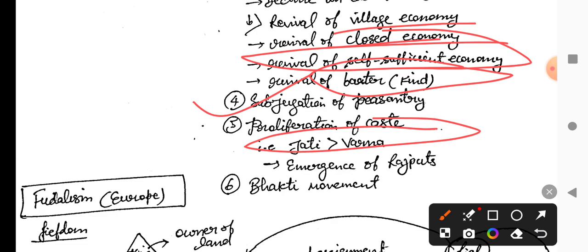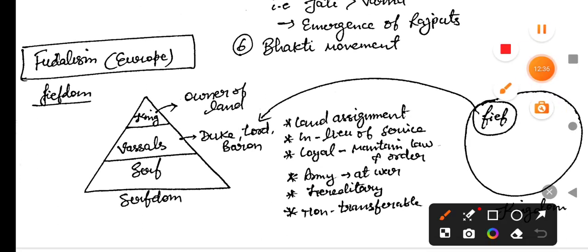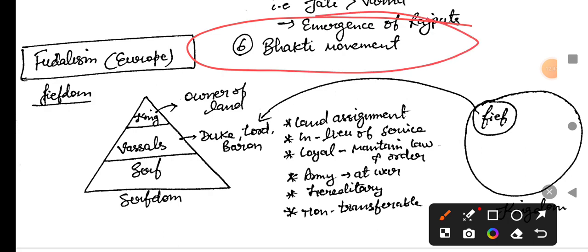Okay, the Varna system declined and the Jati system proliferated, and the emergence of the Rajputs evolved, and the bhakti movement started because of the spoiled system of law and order prevalent in society. So the bhakti movement evolved in this period.